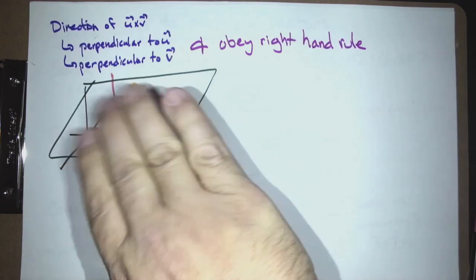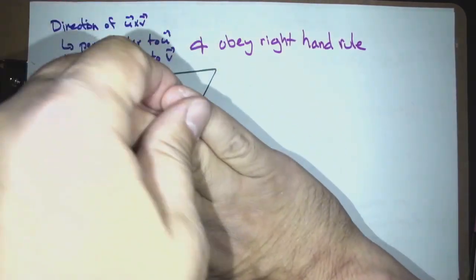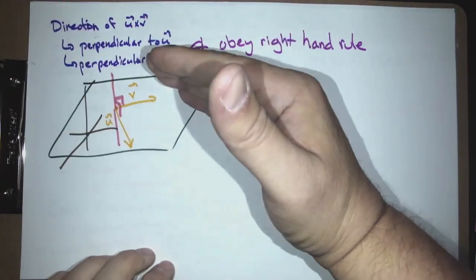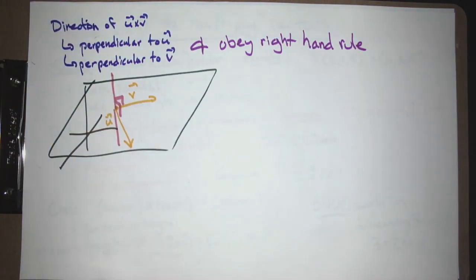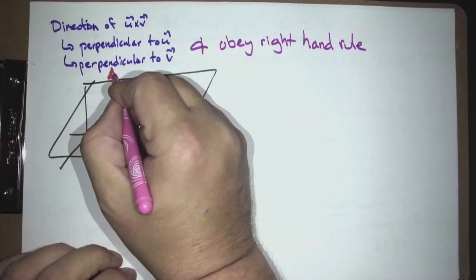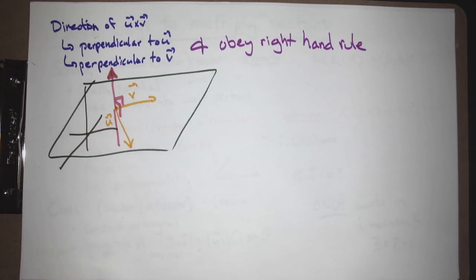Your fingers don't bend this way, so that's why you break the symmetry. Here, for U cross V, in this particular diagram, you should be going up. That's the one you want. So that's what the right hand rule says. That's all you need to do the cross product, all you need geometrically.